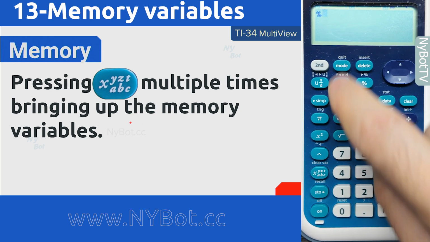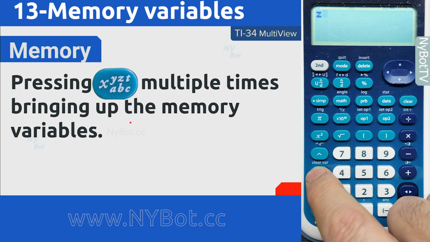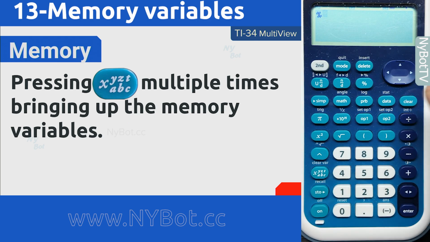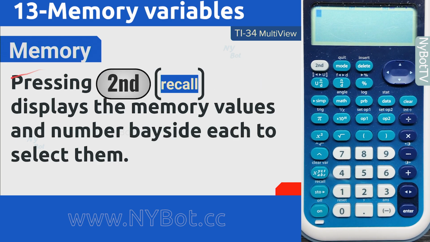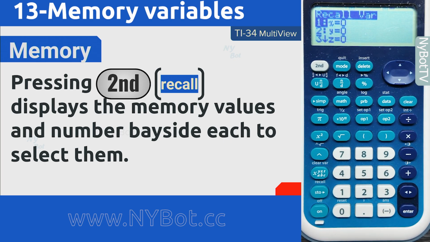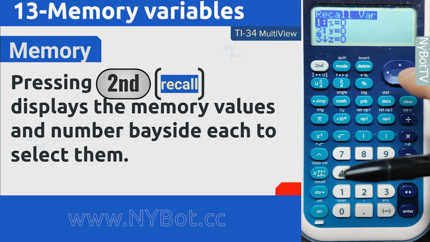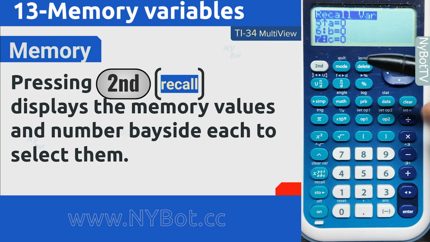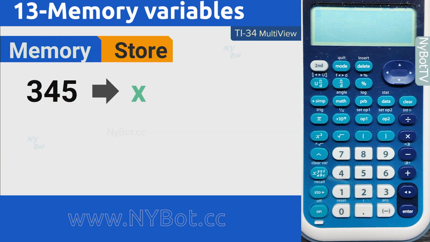If I press it, you will see X and then Y, Z, T, A, B, C, and it goes back to X. Pressing second function will bring the recall with this button. Second function, recall, it shows all the variables with their values. 1, 2, 3, X, Y, Z, and the arrow shows we have more, T, A, B, and C, so they're all at the moment 0.